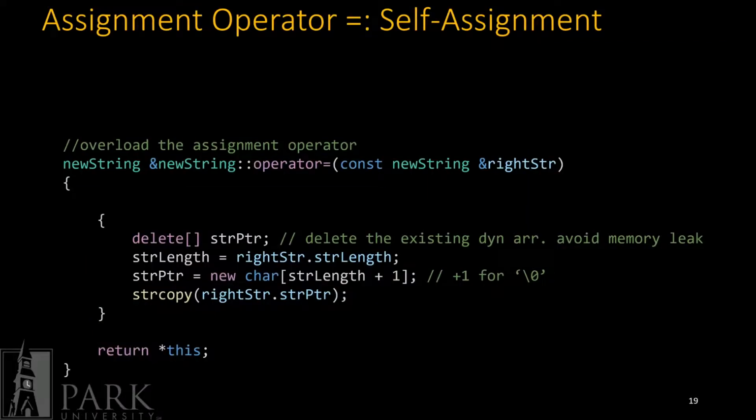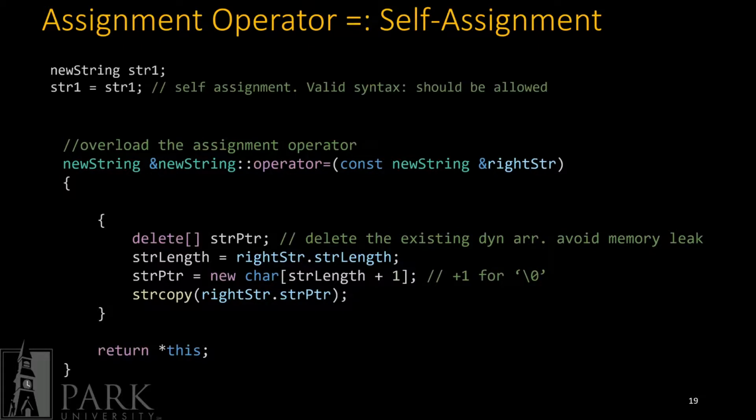I mentioned earlier that we need to check for self-assignment before we do the actual assignment. So let's take a look at an example as to why that's important. Even though this code is legal, if we don't do the self-assignment check, this would create problems, and here's why.